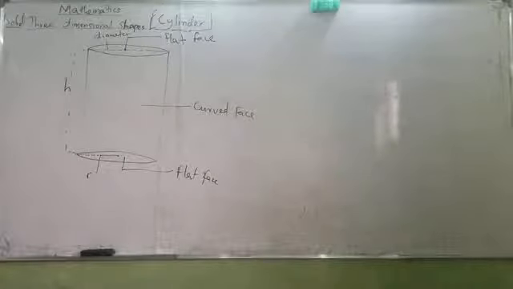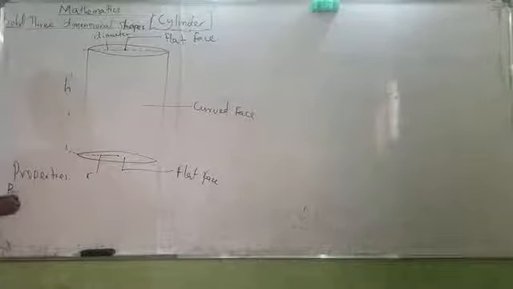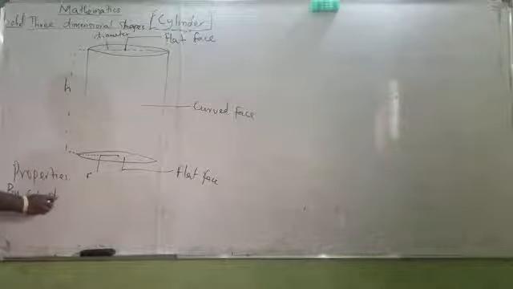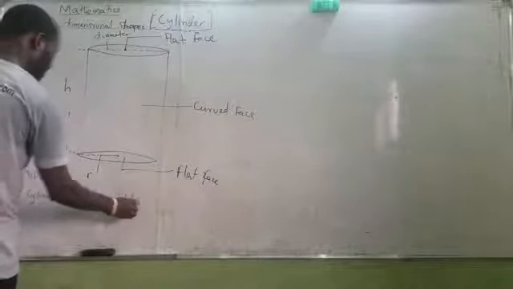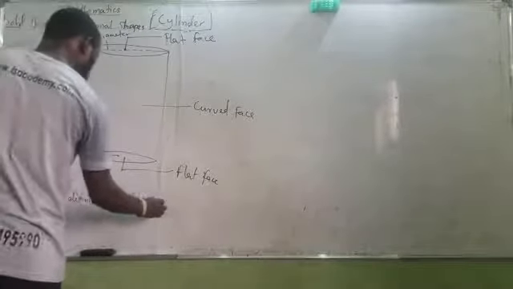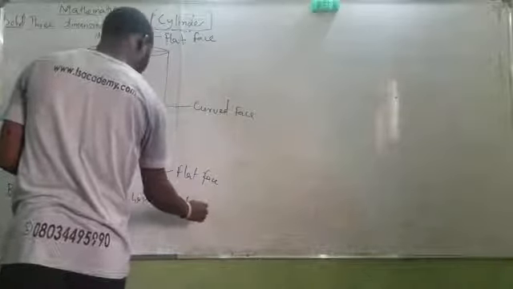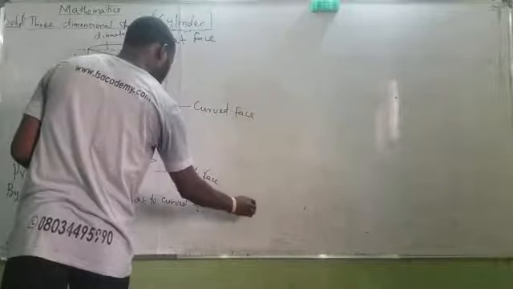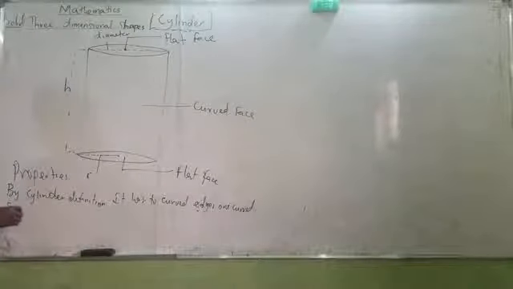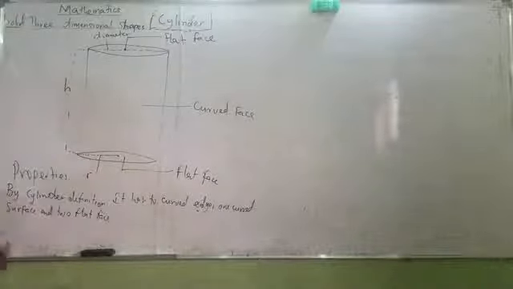What else do I need to work on? Let us talk about the properties of this shape. By definition, a cylinder has two curved edges, one curved surface, and two flat faces.